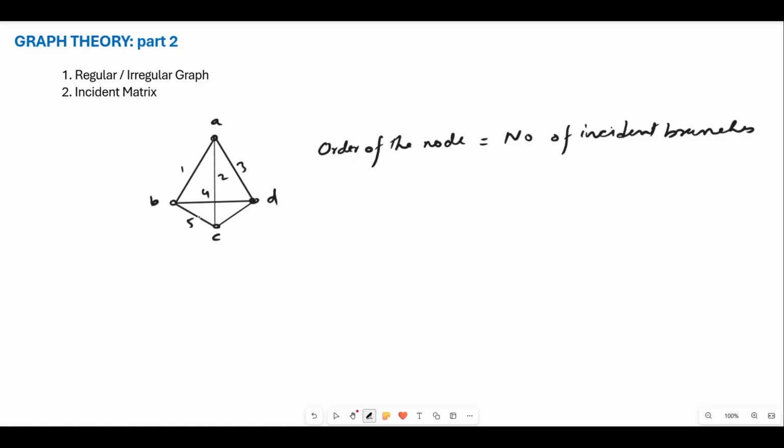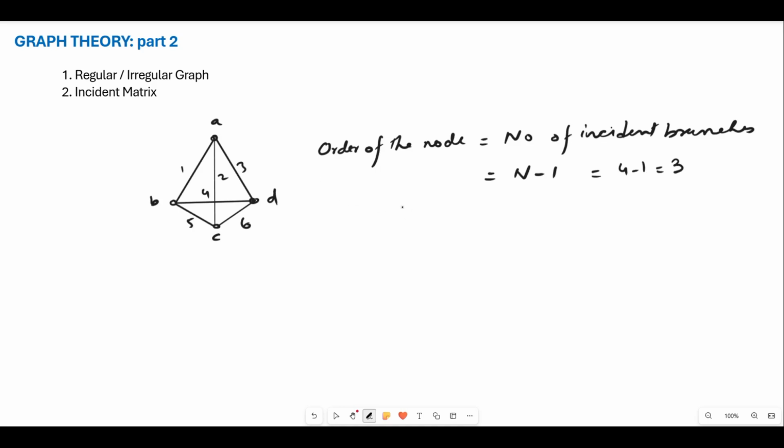This is suppose 4, 5, and 6. So we have a total of 6 branches, and in node A we have 3 incident branches. Similarly, if we see other nodes also, each has 3 incident branches. So the order of the node is given by n minus 1, where n is the number of nodes. In this case, it is 4 minus 1 equals 3.